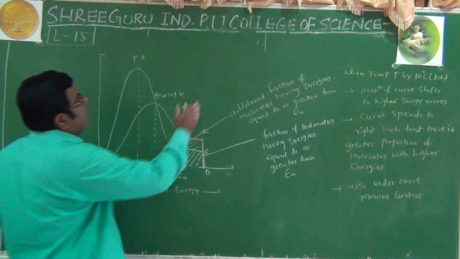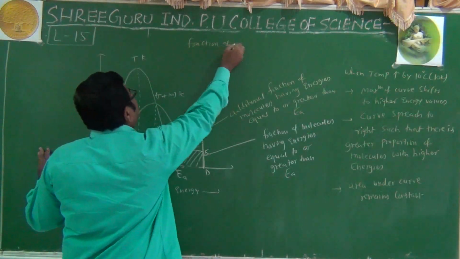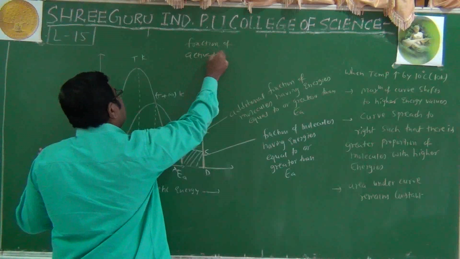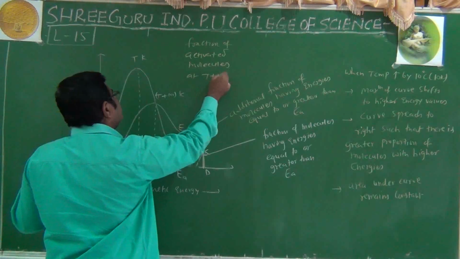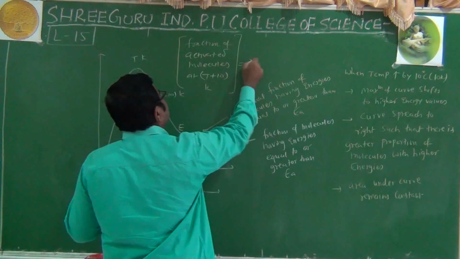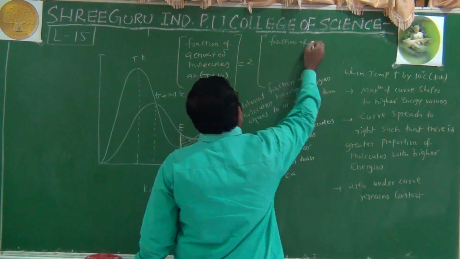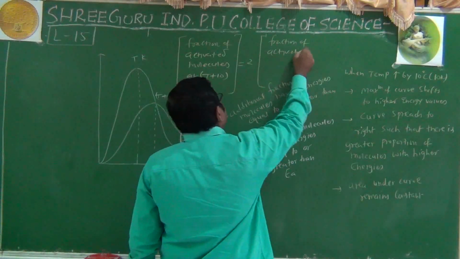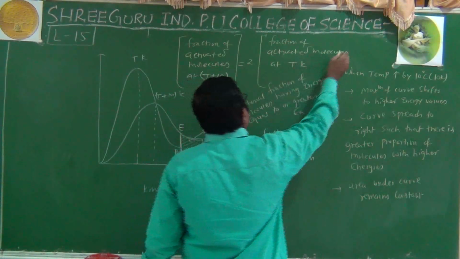I may use this space: fraction of activated molecules at T plus 10K is 2 times the fraction of activated molecules at Tk.